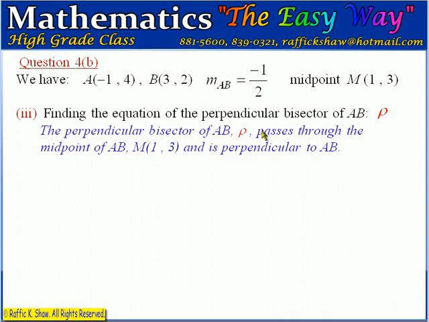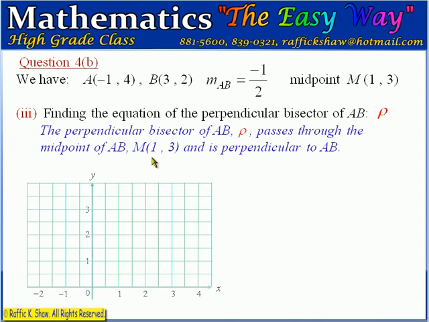So that's a perpendicular bisector. And by bisecting AB, we mean that it passes through the midpoint of AB. So we want the line that is perpendicular to AB and also passes through the midpoint of AB.